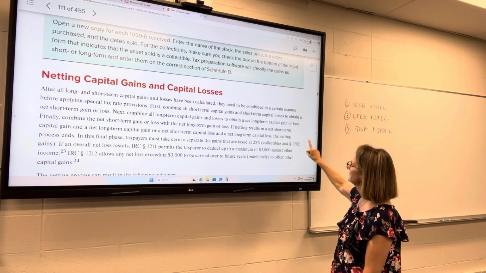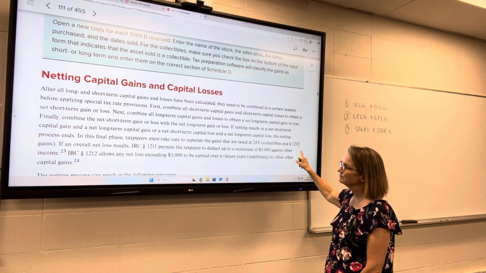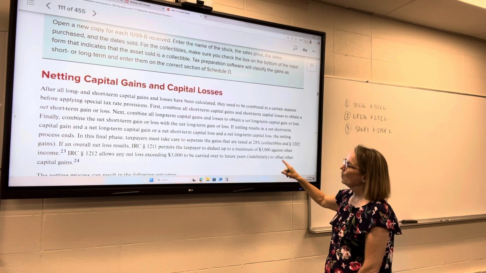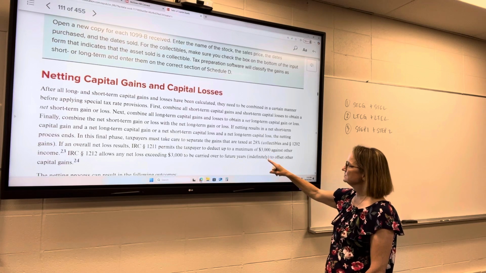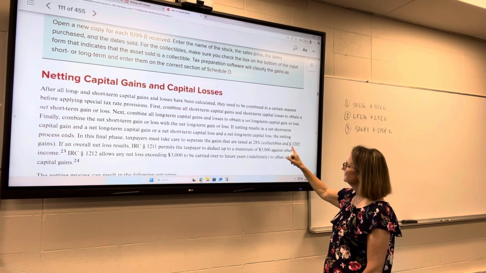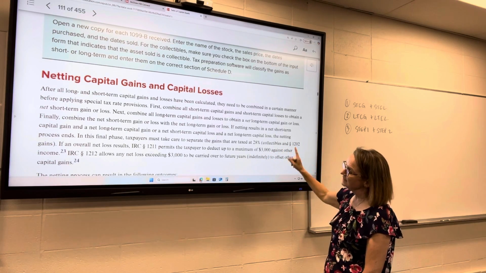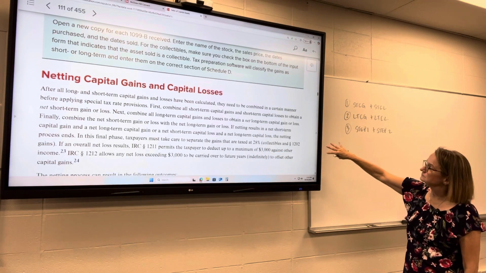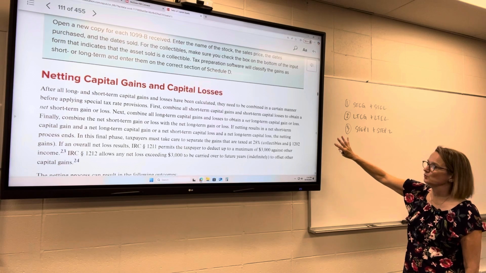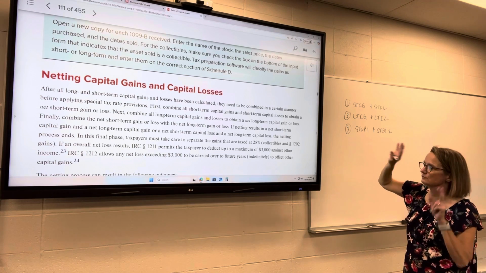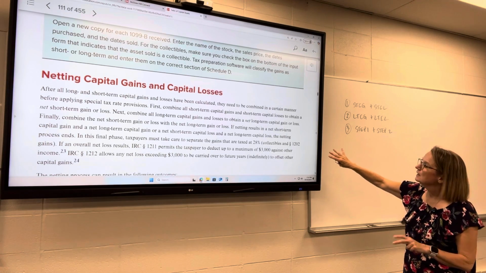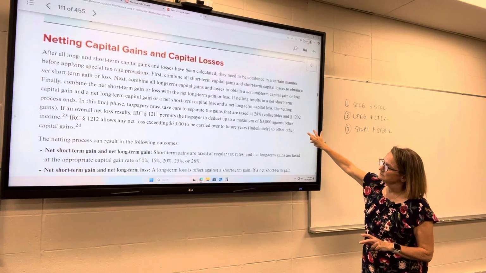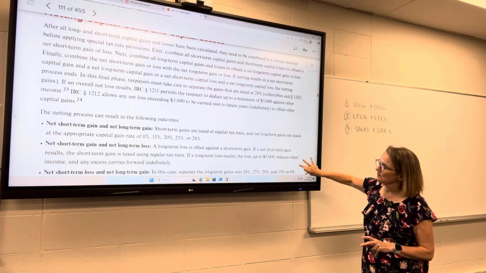If the netting results in a short-term capital gain and a long-term capital gain, or a short-term capital loss and a long-term capital loss, the netting process ends. Their wording in this always throws me for a loop. Hold on.